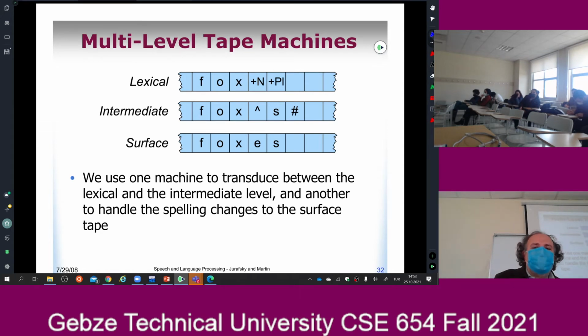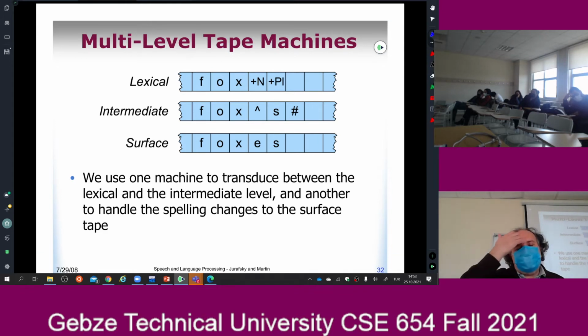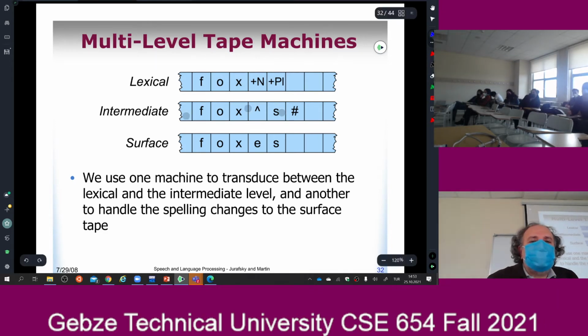So I am going to write these kinds of rules in between them. This one will deal with producing this part structure. This is a noun and plural. So one machine to transduce between the lexical and intermediate level. This is lexical output, morphological output. This is the surface, that is the word that you are seeing in a regular text, and this is the intermediate result.